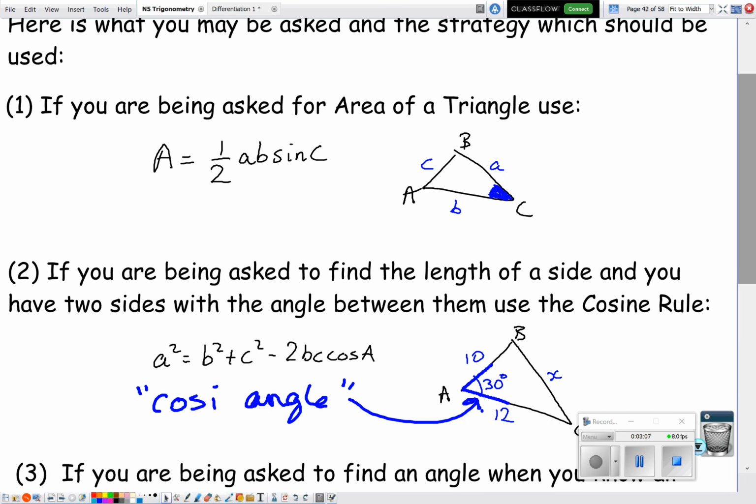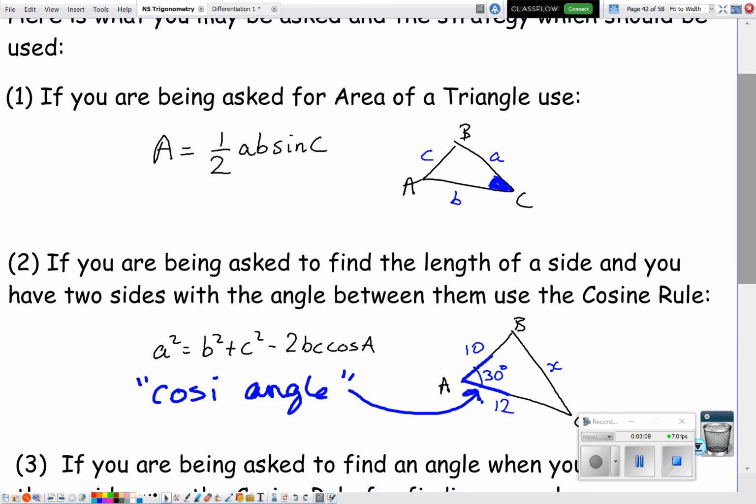For number two, we start to rule out the cosine rule, because it's a little bit easier to rule out the cosine rule than it is to rule out the sine rule. If you look at the triangle within the question, you might have to do a little bit of work with the triangle first, but when you're confident you've got all the information, if you have 2 sides and the angle in between them, so on the picture there I've got 10, 12 and 30 degrees is the angle in between them, and we're finding the side opposite.